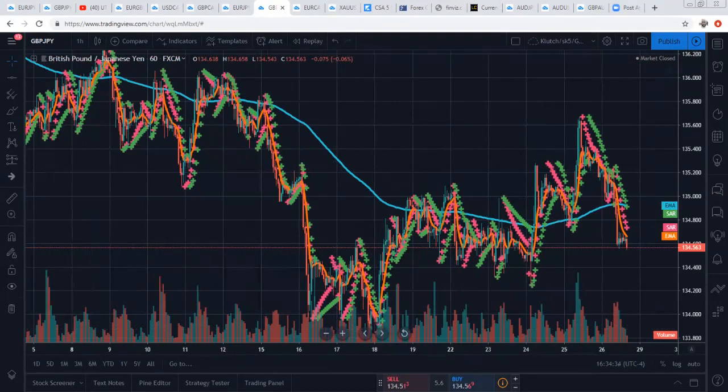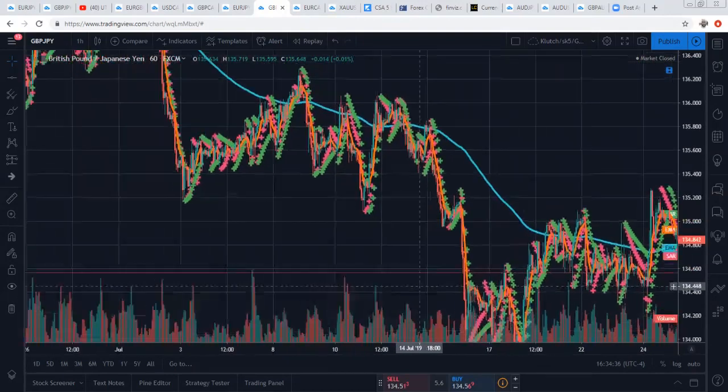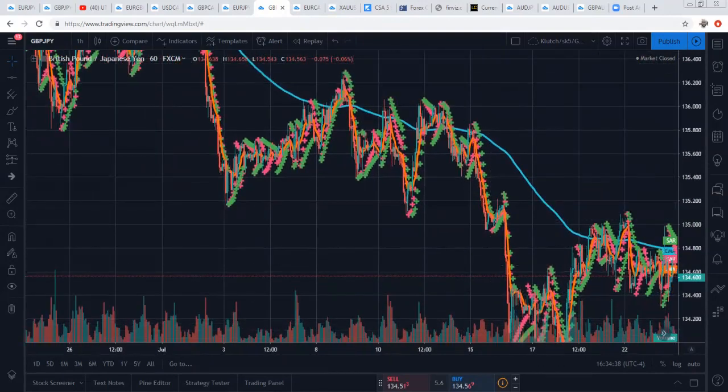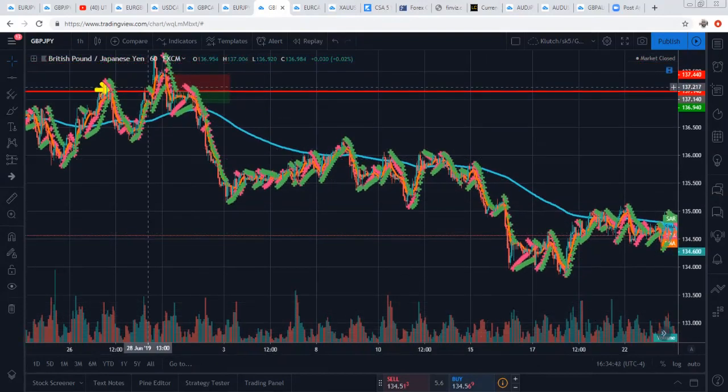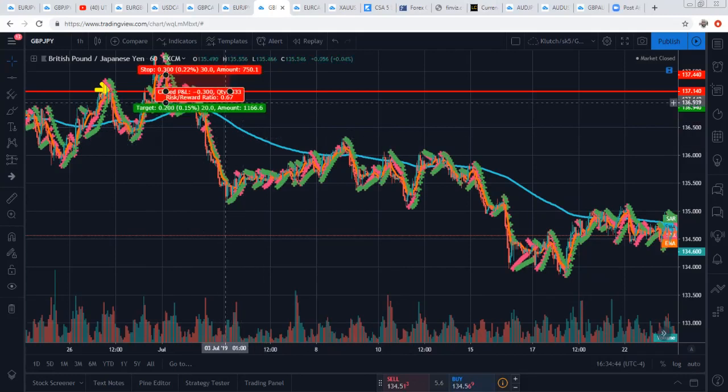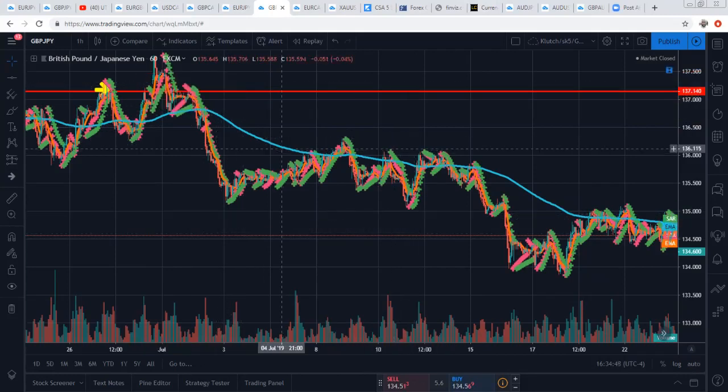When somebody says that they want to understand market structure, well, which way is this trade headed? To the upside or to the downside? Let me get rid of this. Downside. Huh? Downside. Exactly. Downside.